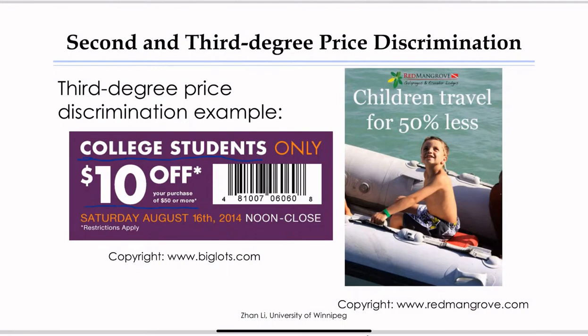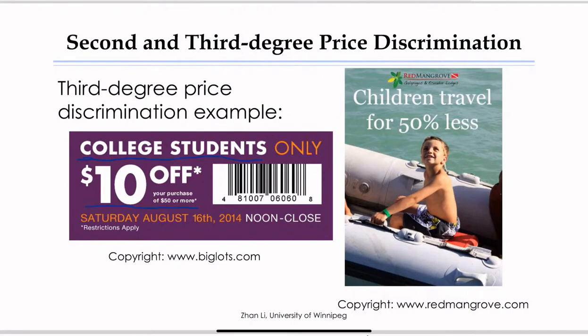So in this case, essentially, this firm separates its market into the market for college kids and the market for non-college people, right? Okay, that's sort of a bad name, but I guess you know what I'm saying.